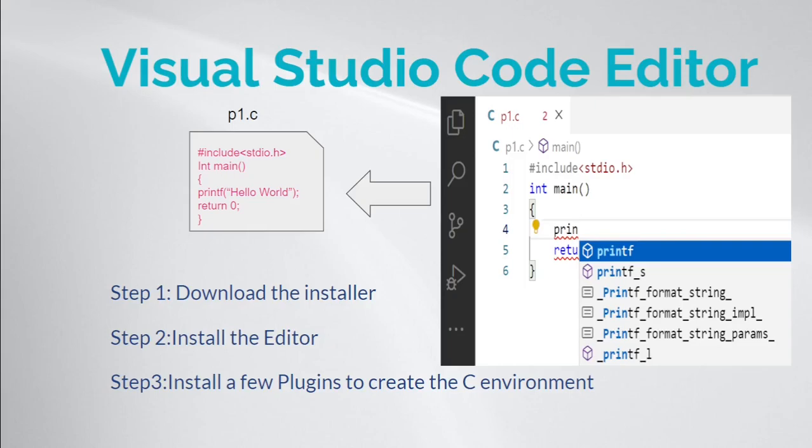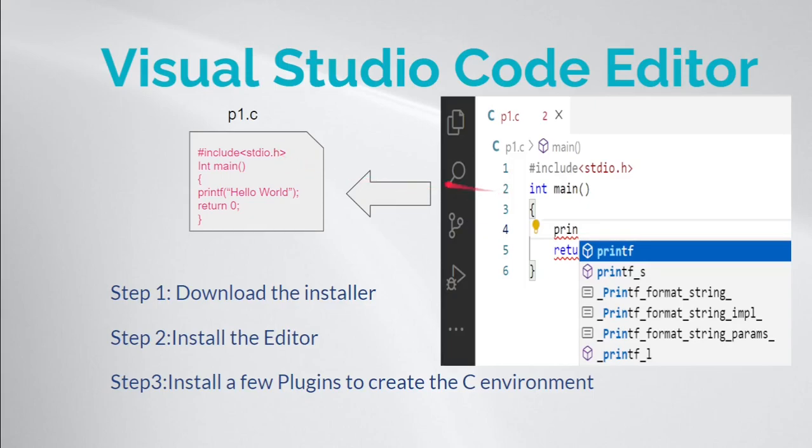Without this software also you can manage, but if you have it, it will give you some extra benefits or advantages. The main goal of this Visual Studio Code Editor is to help you create the source file, that's all. It doesn't know how to compile, and it doesn't know how to execute on its own by default.